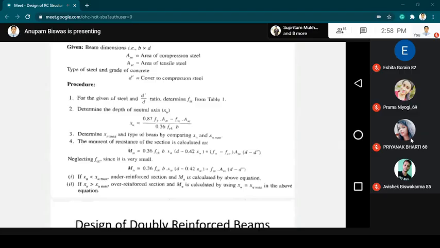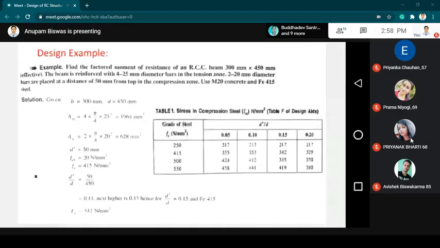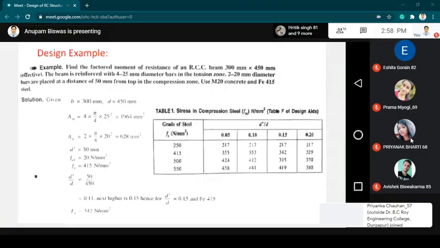So let me just take an example. There is an RCC beam of cross section area 300 mm by 500 mm. We have been asked to find out the moment of resistance.